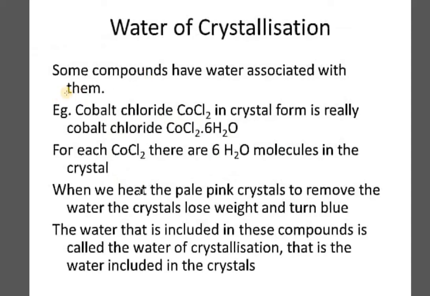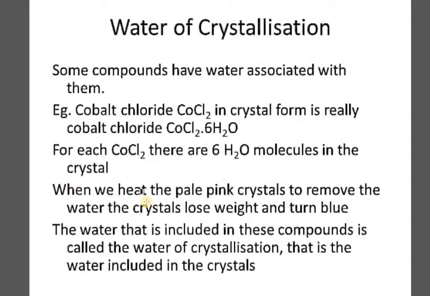Now in this slide you can see some compounds have water associated with them. Another example apart from copper sulphate is cobalt chloride in crystal form, which is really cobalt chloride hexahydrate. That is, 6 molecules of water of crystallization are associated with it. So for each cobalt chloride molecule there are 6 water molecules in the crystal.